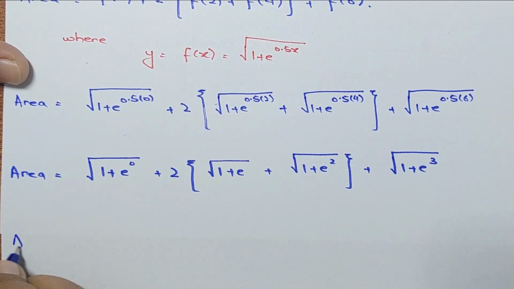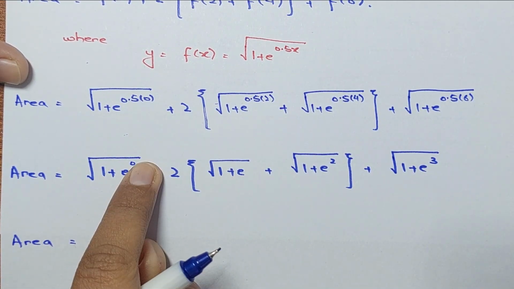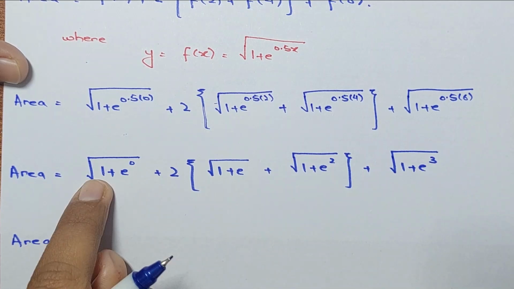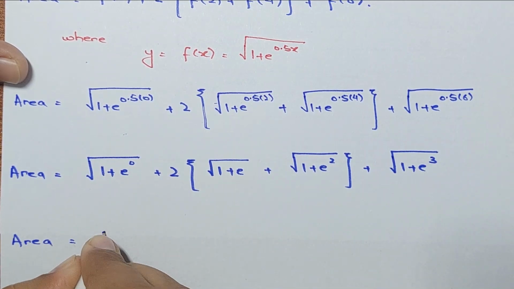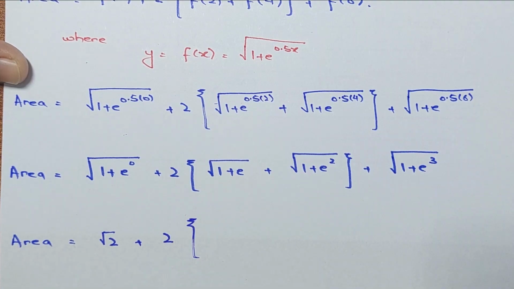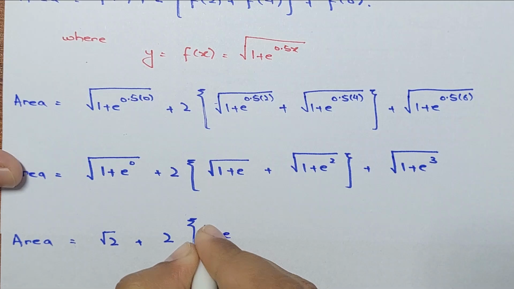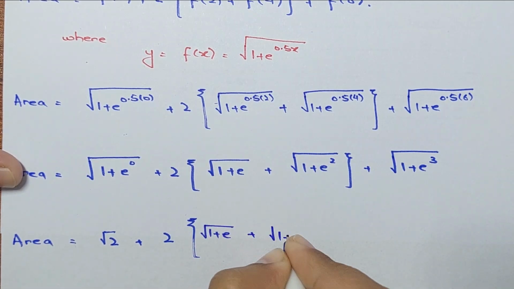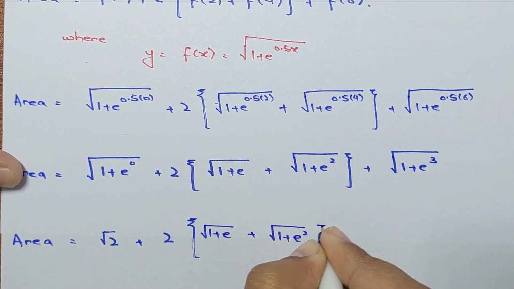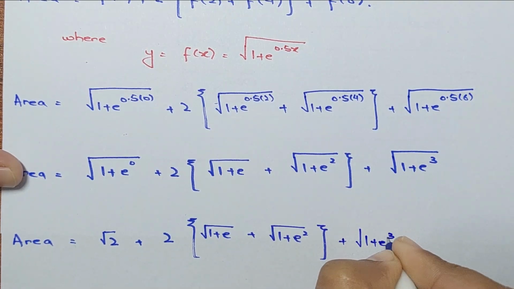Okay. Now this area is e to the power 0, which is just 1. 1 plus 1 is 2. This is square root of 2 plus 2 times root 1 plus e, root 1 plus e squared, plus root 1 plus e cubed.